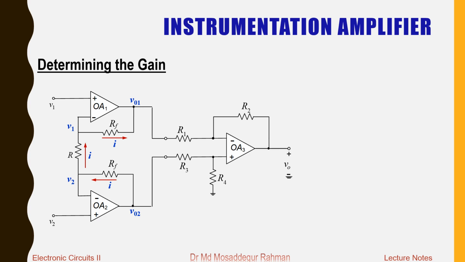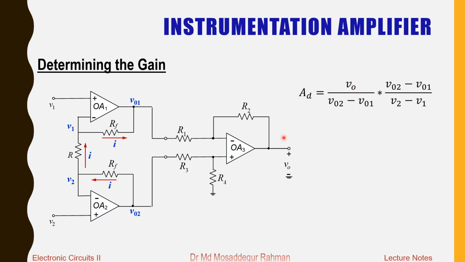So now that we have determined the gain of the input stage of the modified difference amplifier circuit, we can determine the overall gain of this modified difference amplifier. And the overall gain, as we have already expressed in our previous slide, is the product of two gains.